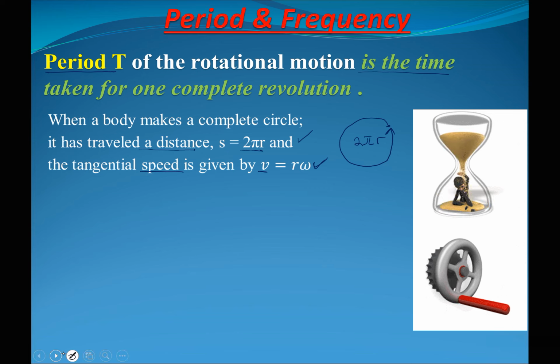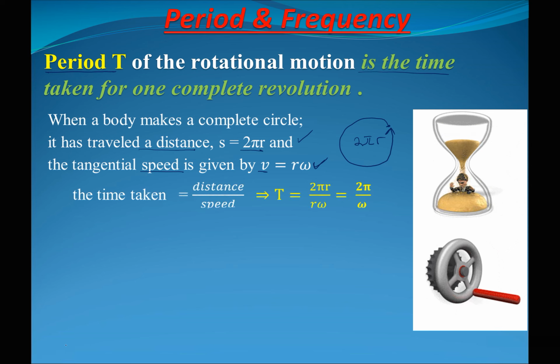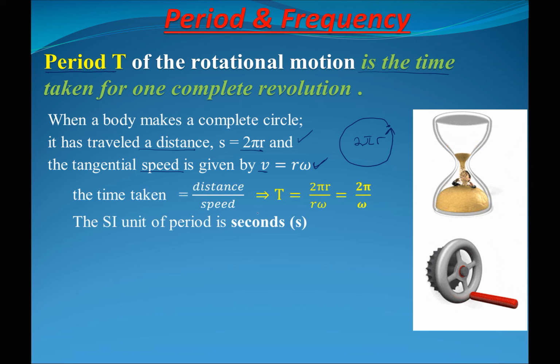So if I find the time, I'll divide the distance covered by the speed, and the distance is the circumference of the circle, and the speed is constant, which is r times omega, which means the time for one complete cycle is simply going to be equal to 2 pi over omega. So the time for one complete cycle for a body moving in a circular path, which is the period, is going to be 2 pi divided by omega.